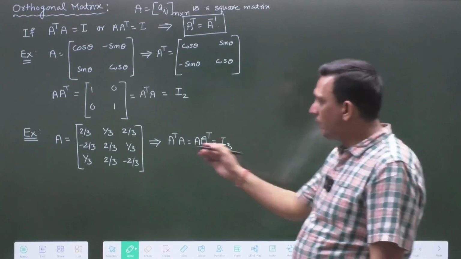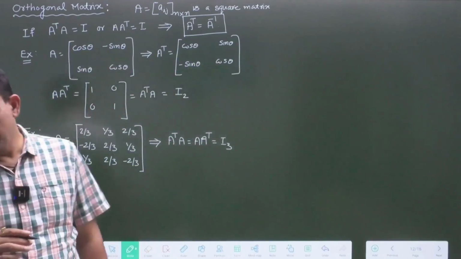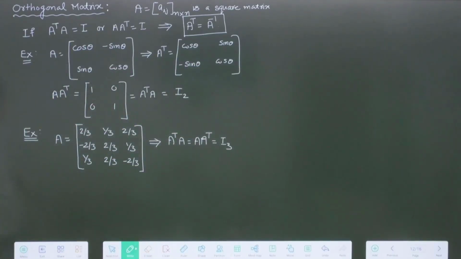So by matrix multiplication, you can easily verify. Okay, this will happen, so that you can easily verify.